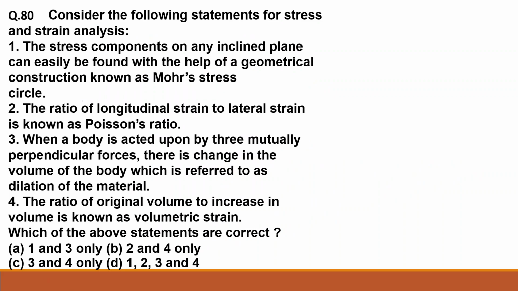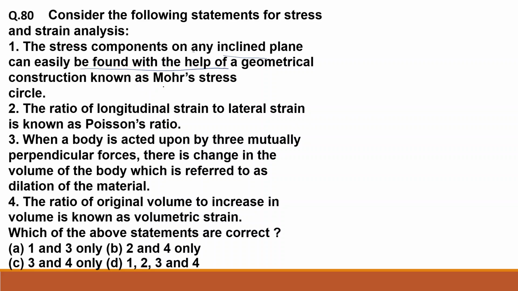Question number 80. It is discussing stress and strain analysis statements. Okay, so we were following over it. The stress components on any inclined plane can easily be found with the help of a geometrical construction known as Mohr circle.